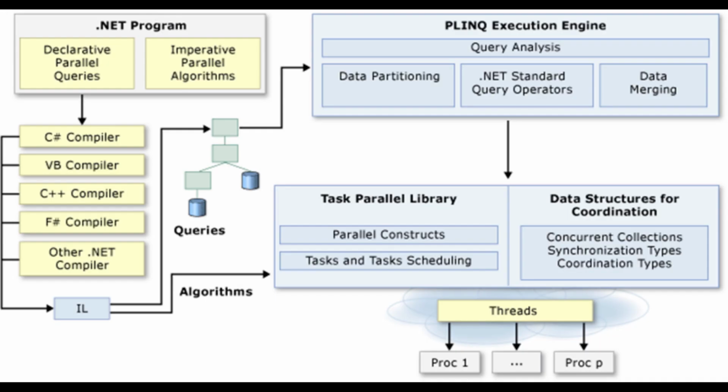Task Parallel Library (TPL). TPL is a set of public types and APIs in the System.Threading and System.Threading.Tasks namespaces. The purpose of the TPL is to make developers more productive by simplifying the process of adding parallelism and concurrency to applications.